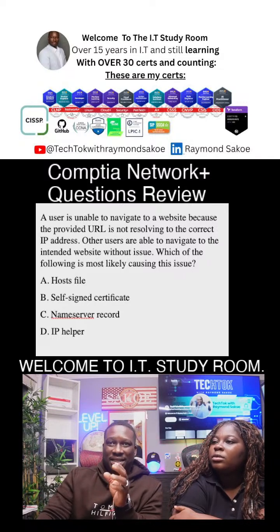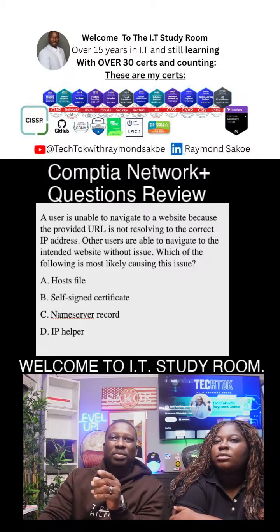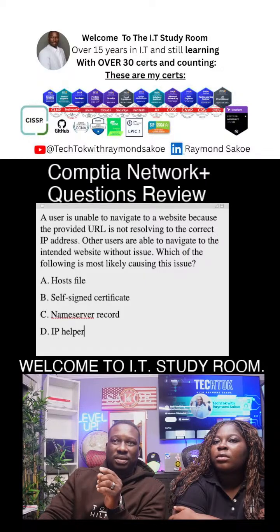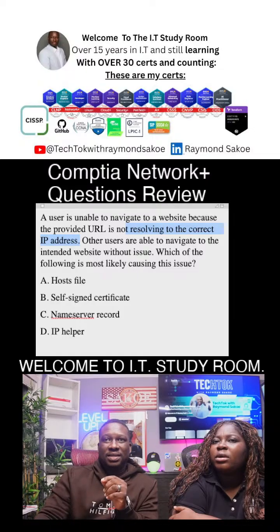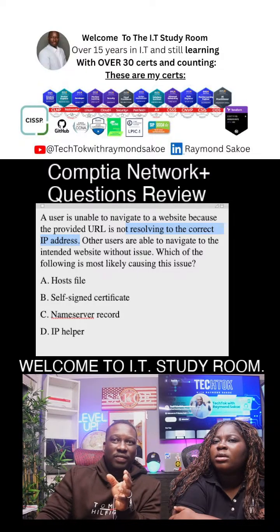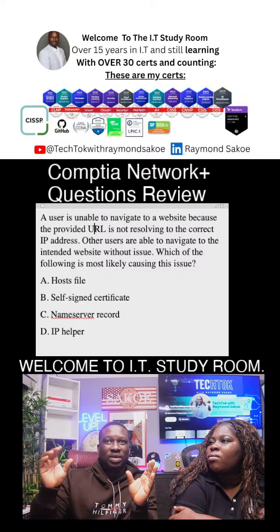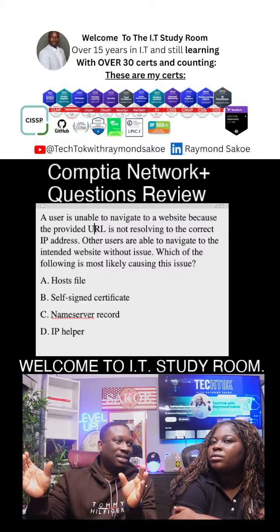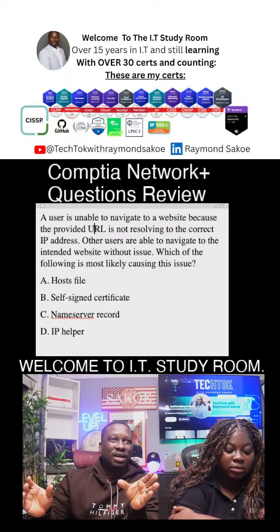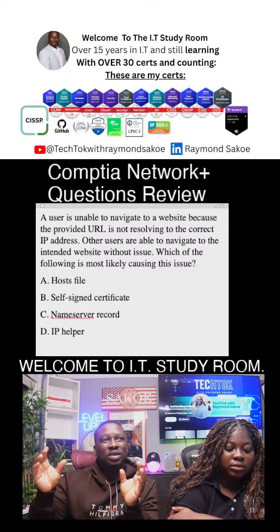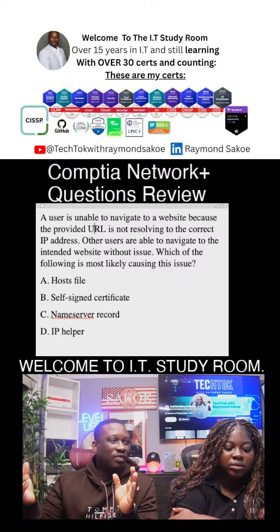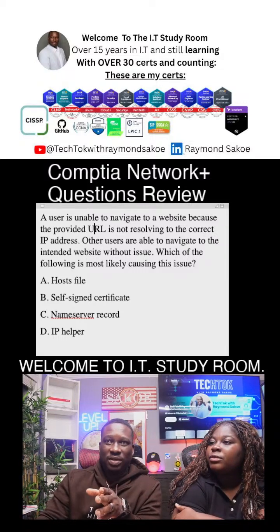But this question is saying that a user is unable to navigate to a website because the provided URL is not resolving to the correct IP. So URL to IP, which is DNS, right? Let's say Facebook.com is not resolving to the correct IP address of Facebook. That is what is happening here, right?